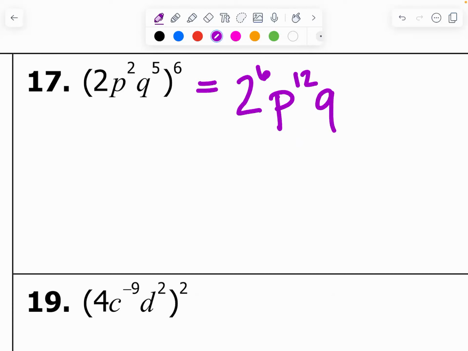Ruby, Q will now have an exponent of 30. 5 times 6 is 30. Now, if we say 2 times 2 times 2 times 2 times 2 times 2, I'll just tell you that it's 64.